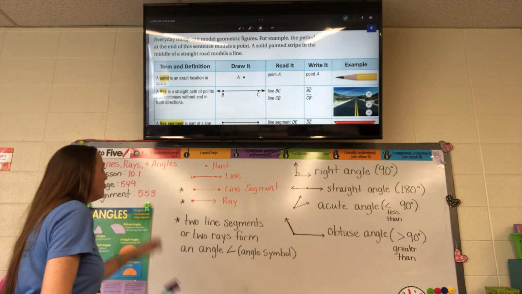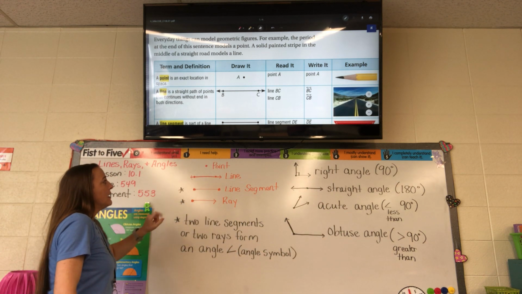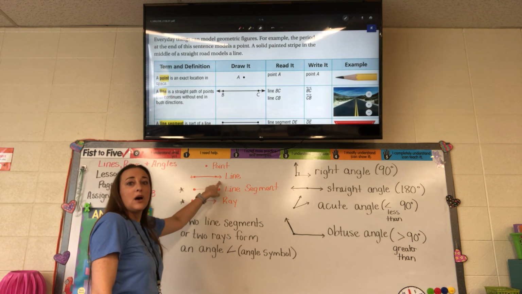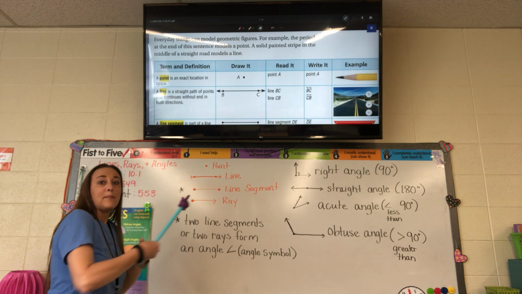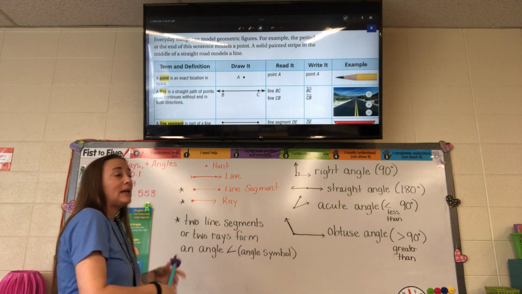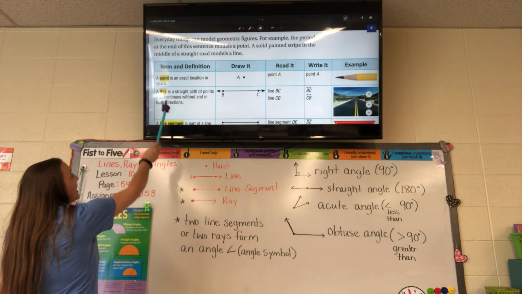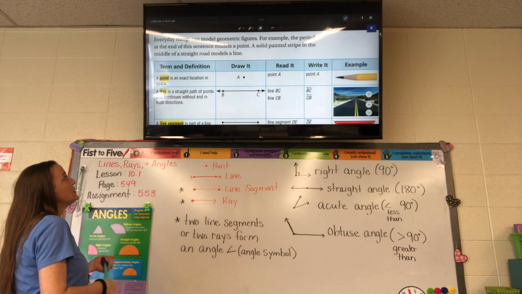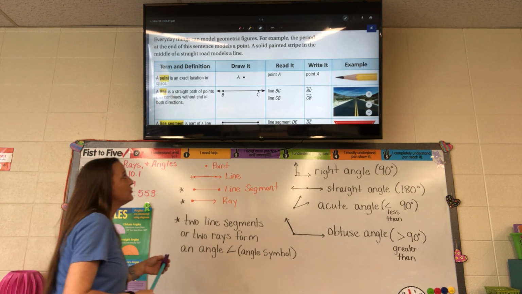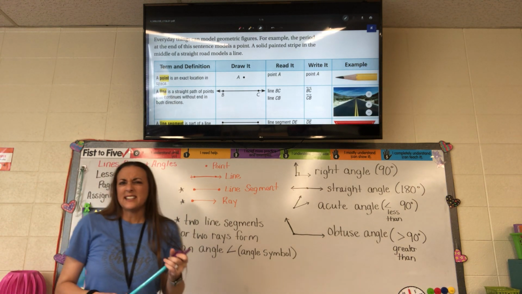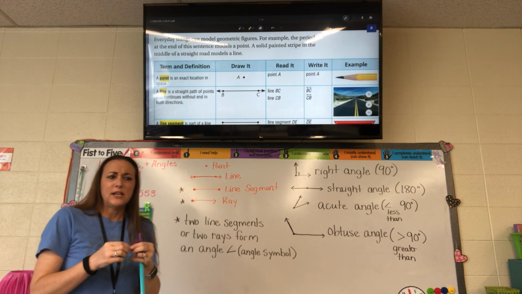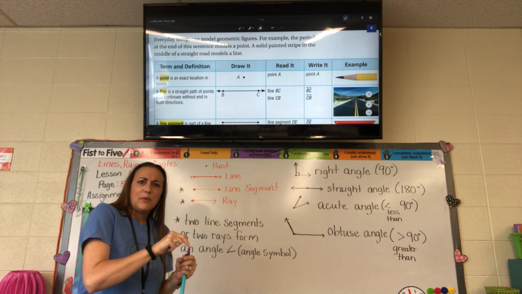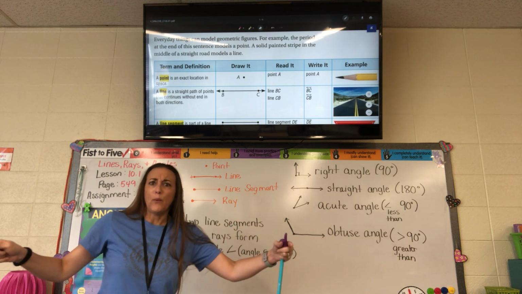Okay, and then we move to a line. If you'll notice, a line has arrows on both ends. That means it continues to go in both directions. So a line is a straight path of points that continues without end in both directions. Now that's a little bit tricky, but imagine that a line is really made up of a bunch of points.